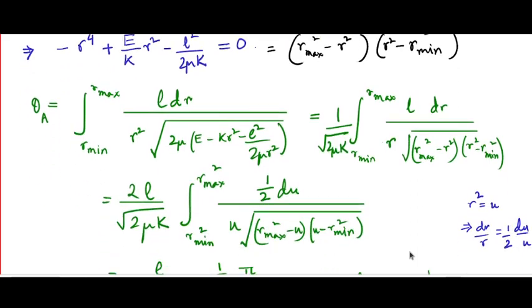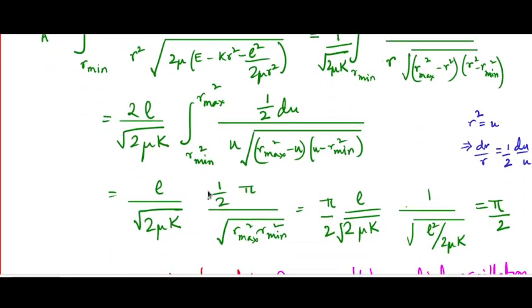But a simple substitution, r square equals u, will change the dr by r to half du by u. And once you put everything in, you will see that this is exactly the same integral that we had before, except for the fact that r max and r min have been replaced by r min square and r max square. But then, the integral, apart from the factor of half, is exactly the same.